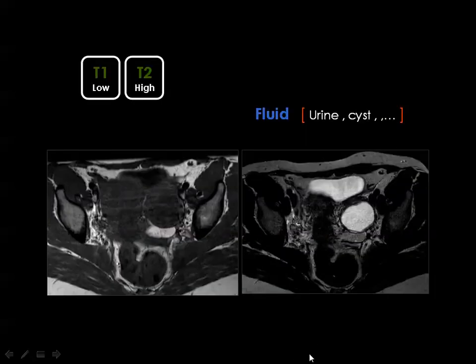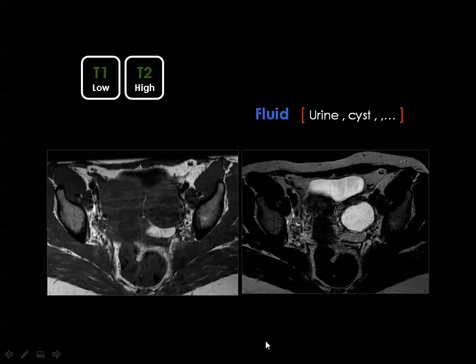Then we have to state some of the facts before going into the lesions, the signal appearance of the different structures in the pelvis. You know that we have T1 and T2 weighted images, and if you are not a radiologist, you can tell the T1 from the T2 by the signal of fluid.